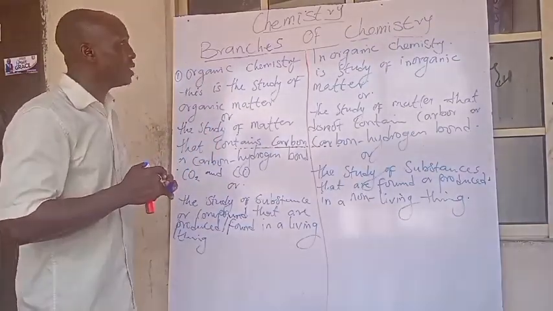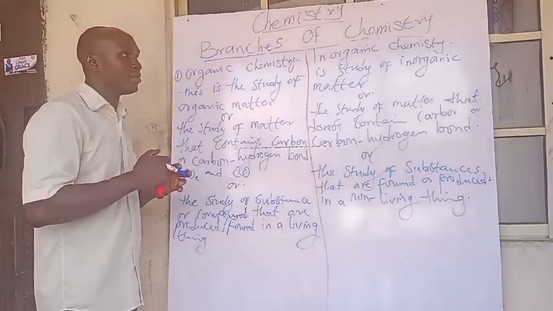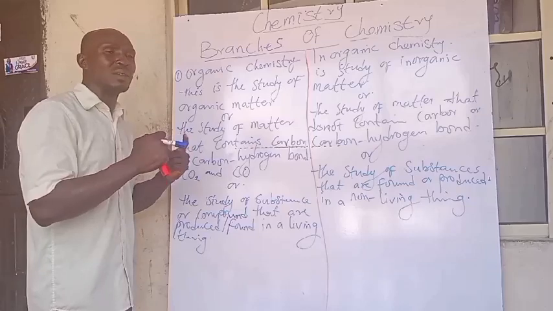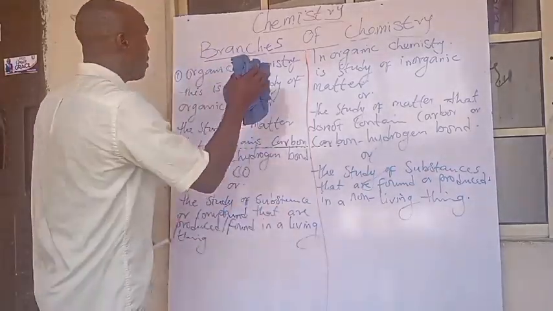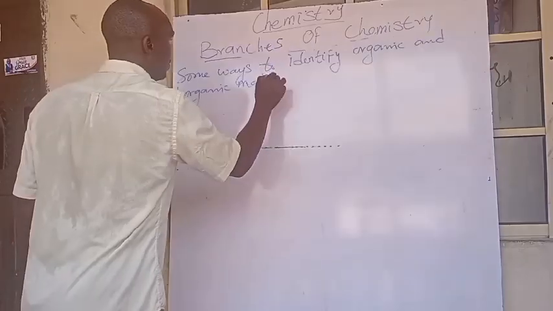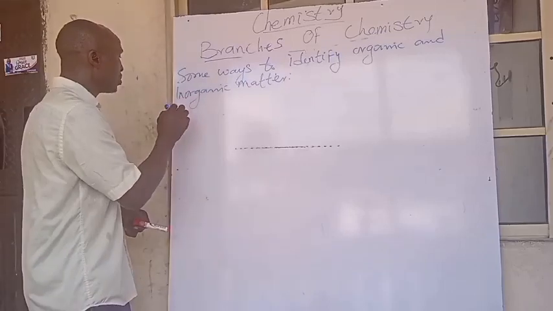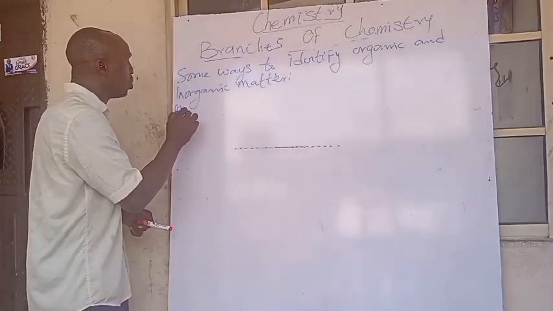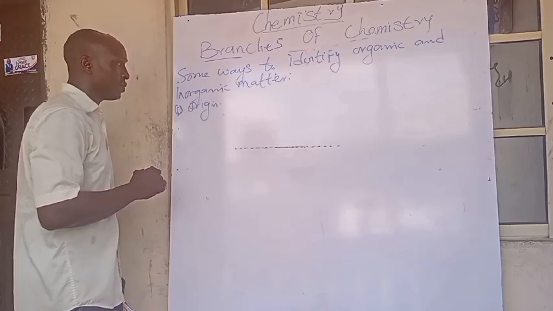Now also, another thing we must know is how to identify an organic matter. There are four ways to identify an organic matter. What are these four ways? Number one, you get to know the origin of the matter.